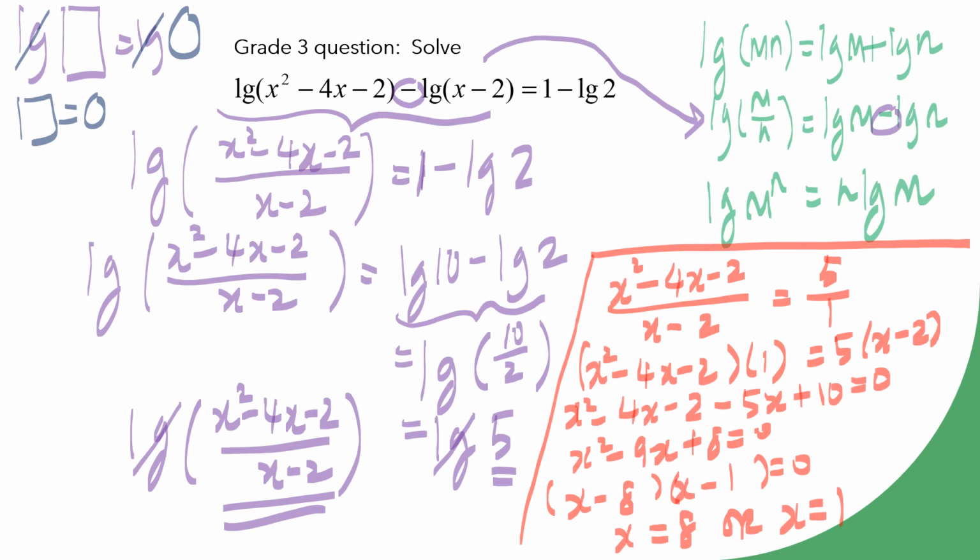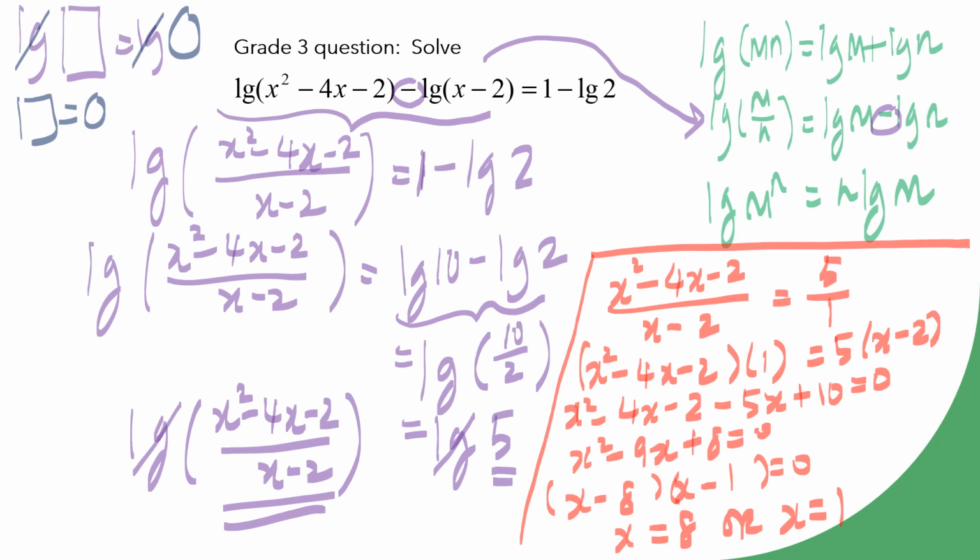Now, always remember that whatever answer you get may not be valid. So you must always substitute back into the original equation and see if it satisfies the definitions of a log.